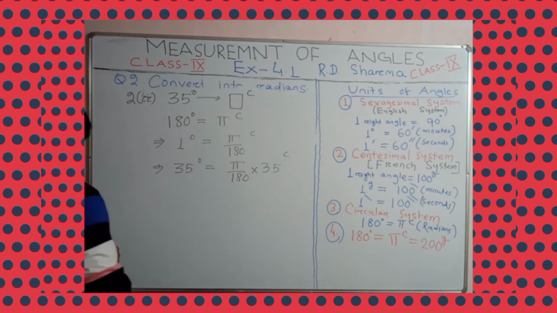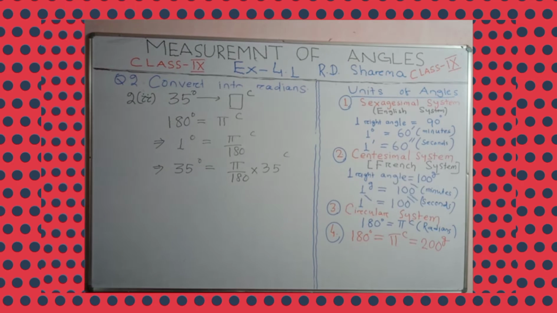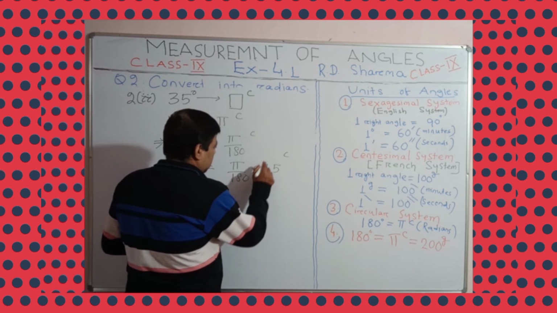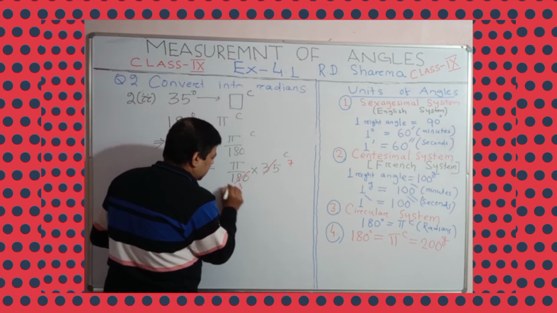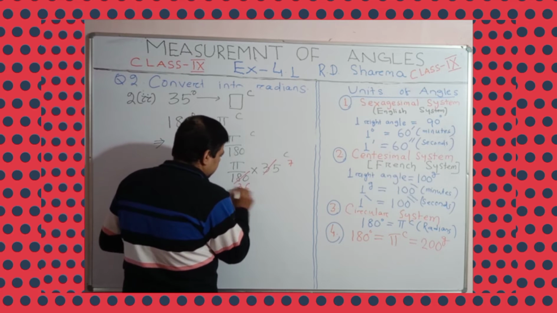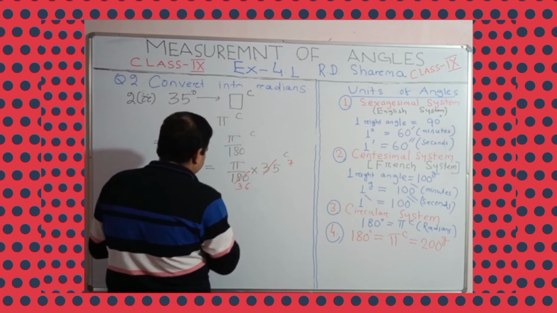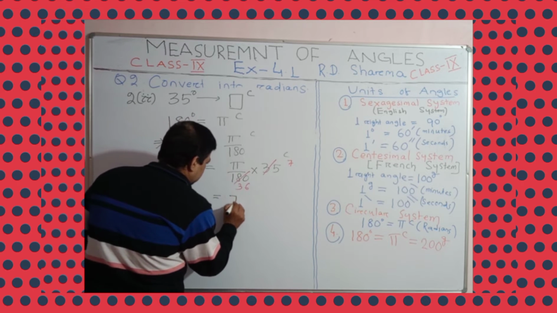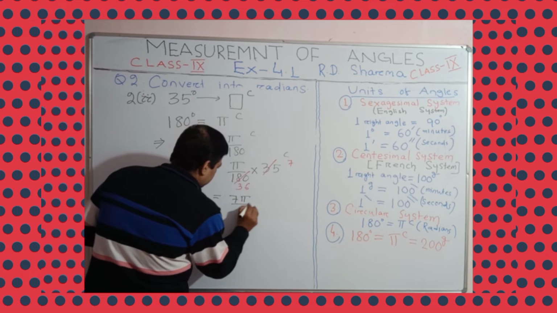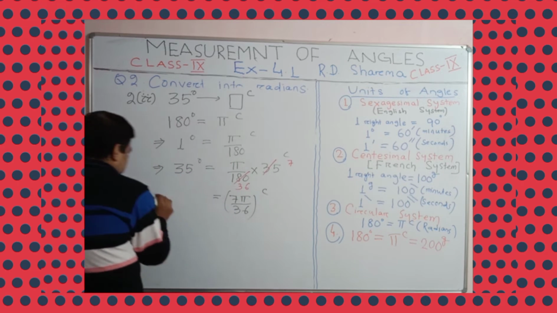So if you cancel and simplify, 5 7 is 35, and 5 3 is 15, 3 30, 5 6 is 30. Yes or no? After cancellation, here is 7, here is pi, and that is equal to 7 pi by 36 radian.